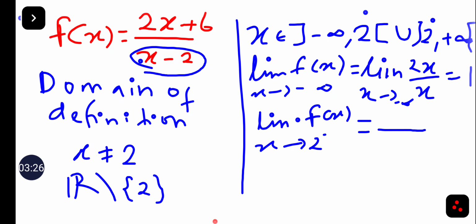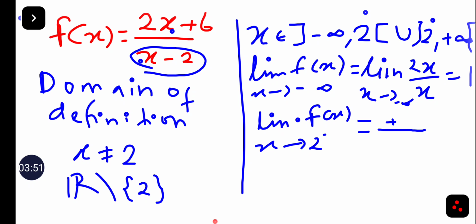If you substitute 2 in the numerator, it will be 2 times 2, 4 plus 6, 10, which is a positive number. Now, since x not equal to 2 is the domain, x equal to 2 is what we call the vertical asymptote, which will come up.